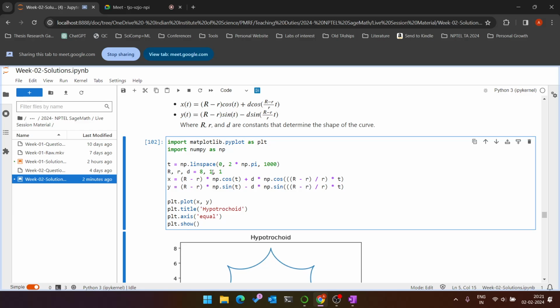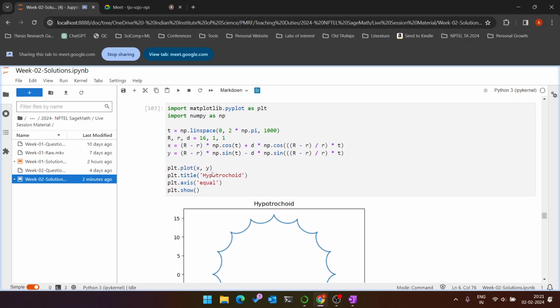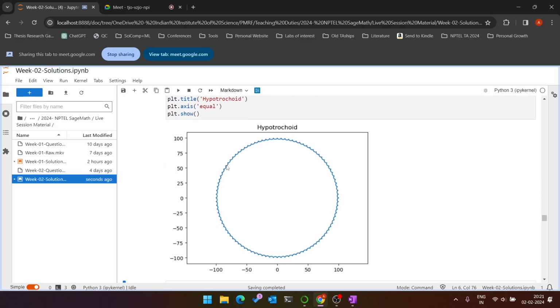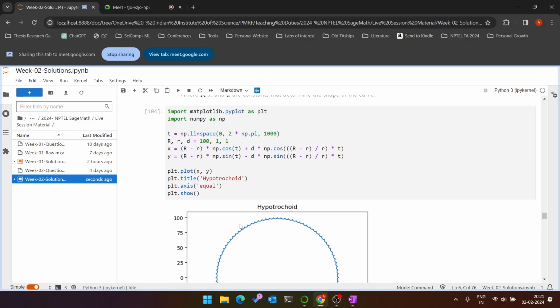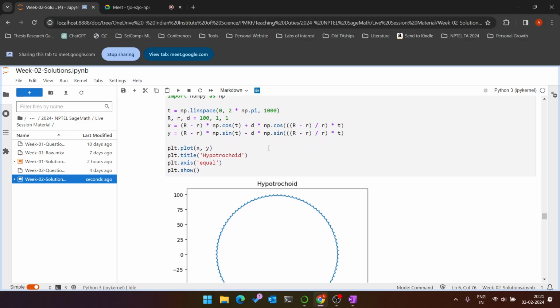Were I to change this to say 16, it's also an interesting case. Now you can see that my hypotrochoid starts mimicking a circle as my outer radius becomes much larger than the radius of the inner circle.